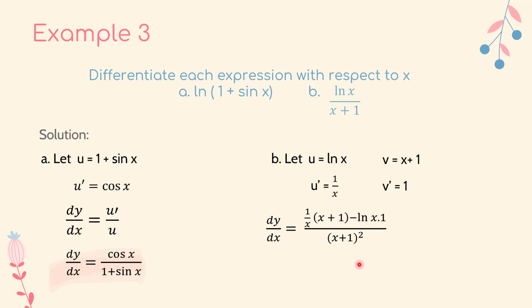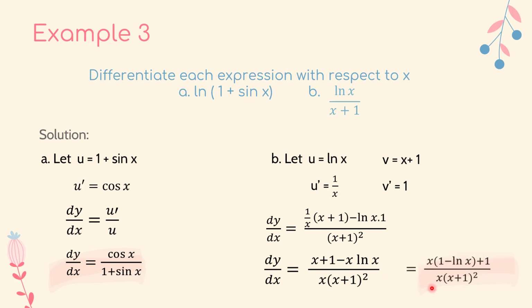We divide it by (x plus 1) squared and simplify this by multiplying all terms by x. So we have x plus 1 minus x ln x, and we can take x out so that it becomes x times (1 minus ln x plus 1 over x) over x times (x plus 1) squared.